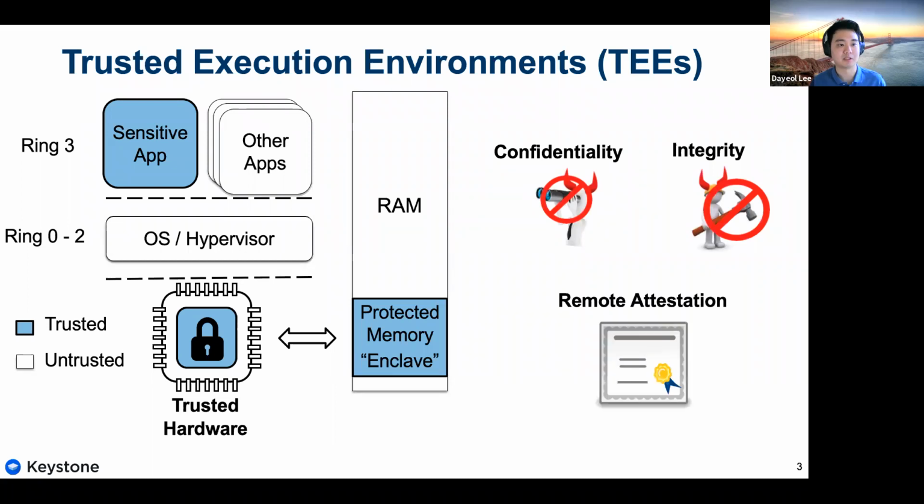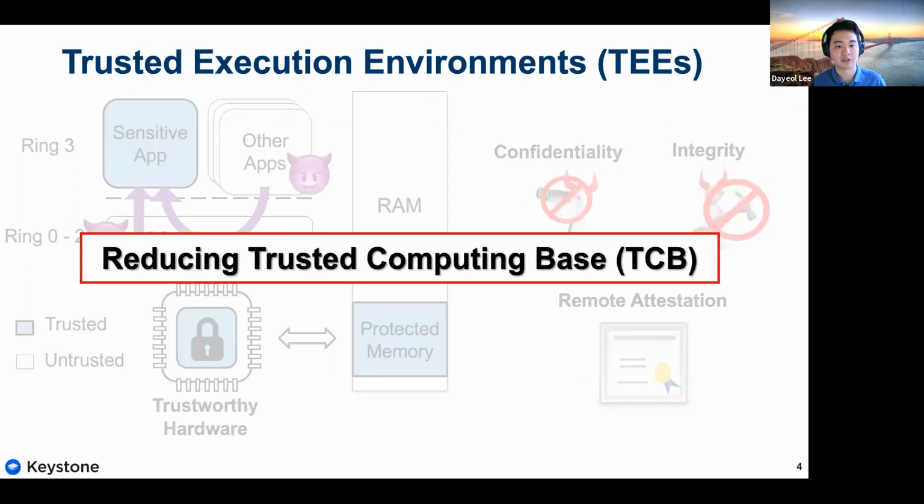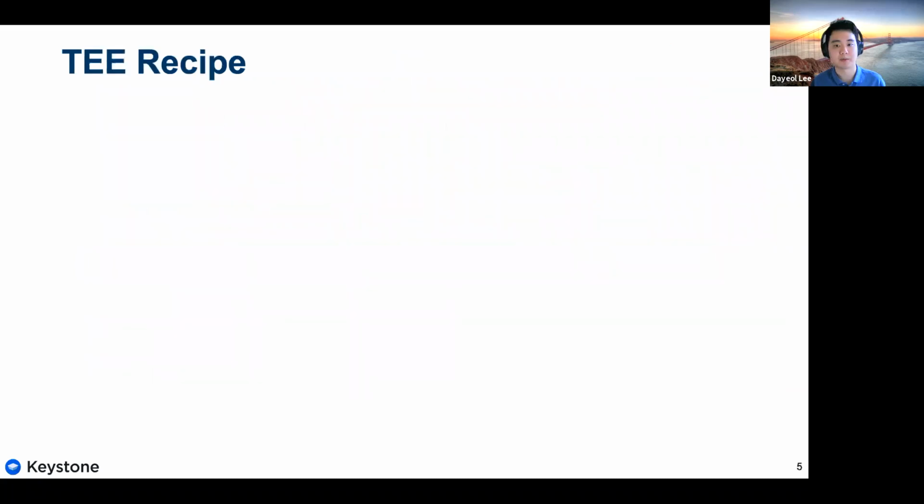And also, TEE is often backed by a cryptographic process called remote attestation, using which you can verify the application's initial state and then verify that the application is running on trusted hardware by using a chain of trust based on the hardware. So the key idea here is to reduce the size of the trusted computing base, or TCB, to apply stronger security mechanisms based on the hardware.